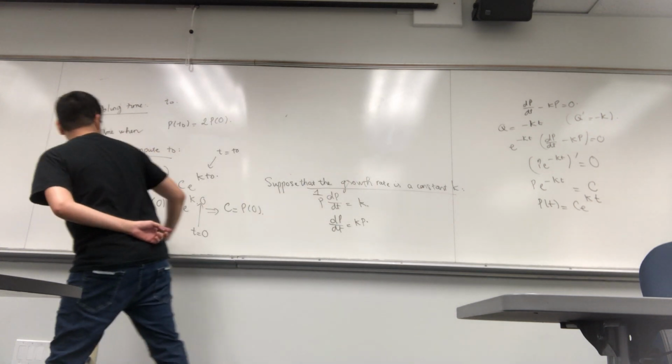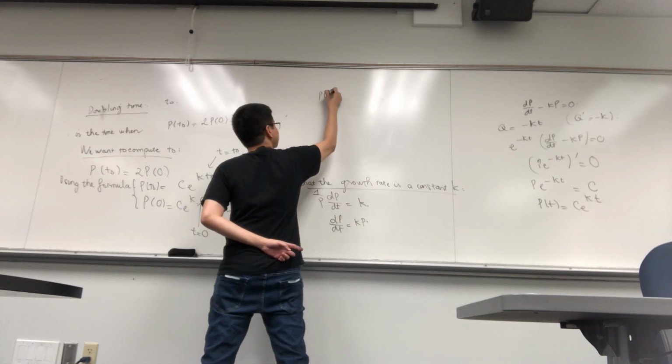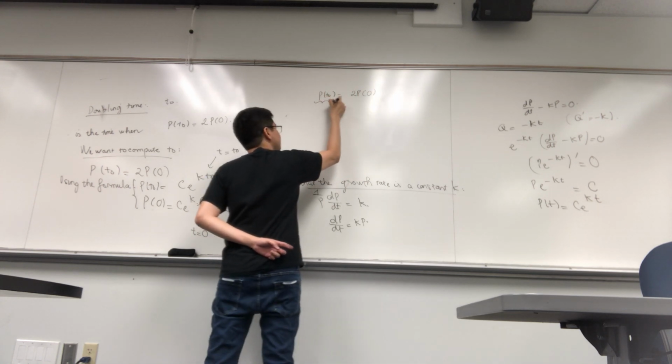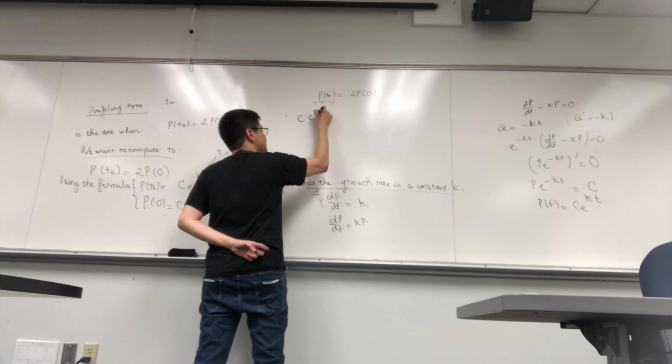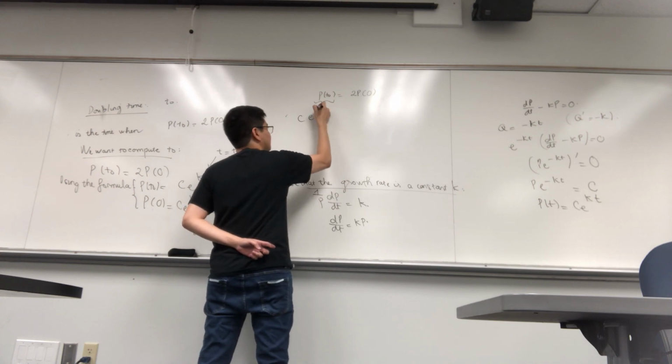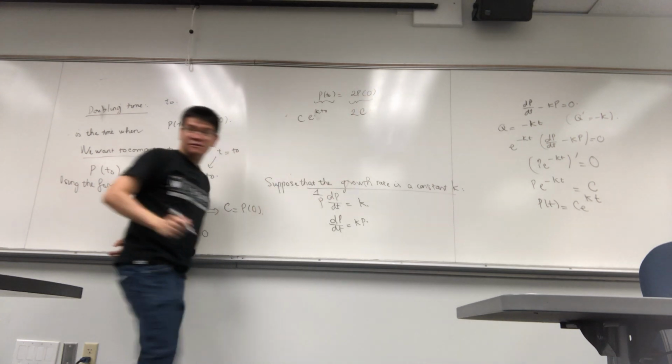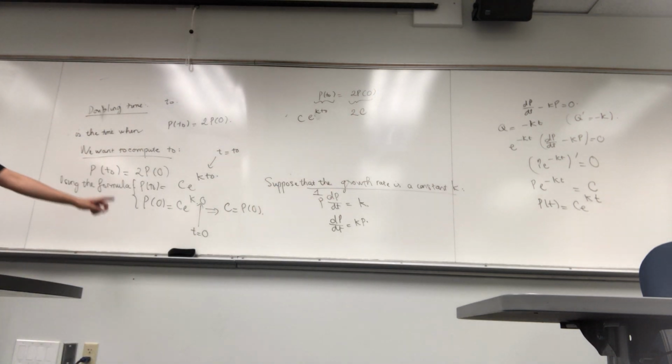So let me rewrite again. You have P(t0) is 2 times P0. P(t0) will be C times e to the kt0, and this guy will be 2 times C. You have 2 times P0, P(t0) is twice P0.